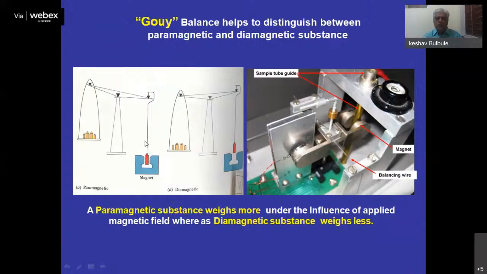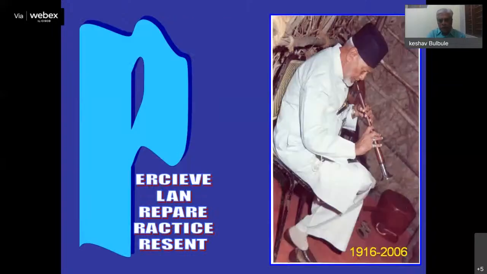As the magnetic moment value increases, it indicates that the number of unpaired electrons present in the substance is more and more. This Gouy balance is not ordinarily available in any college or university, maybe available in research institutes like IISc. And this is the last slide before I conclude.